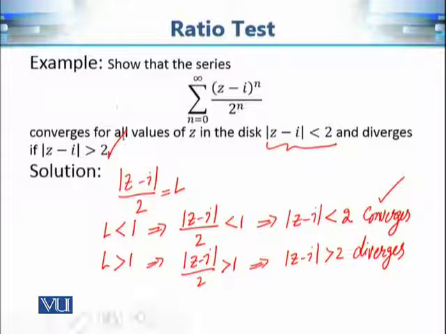So that's how we use this ratio test in this kind of complicated situation where the terms of the series are functions of z, in fact a complex valued function. This example gives us support for our idea that we are going to define new complex functions using the concept of series. Over here we just did it. We defined a function, and we also found a condition for what values of z this is going to be convergent.